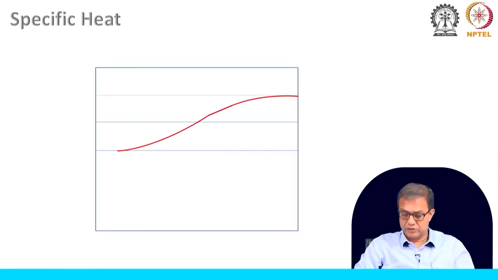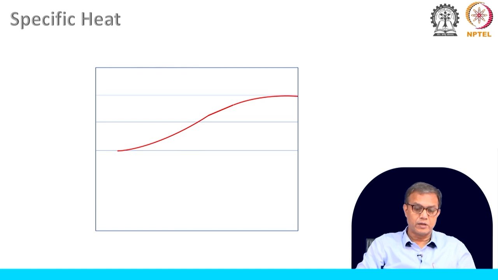Based on our discussion, we understand that ortho and para hydrogen are important not only because of this release of heat, but also because they have quite different CV.